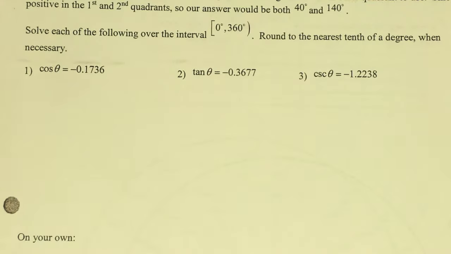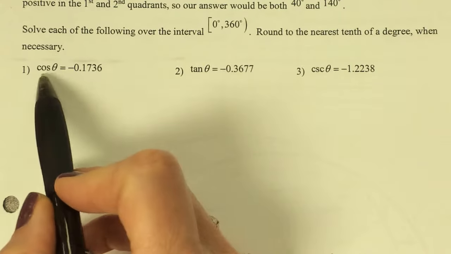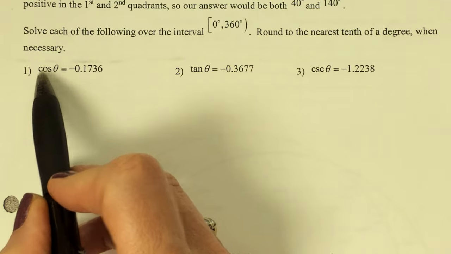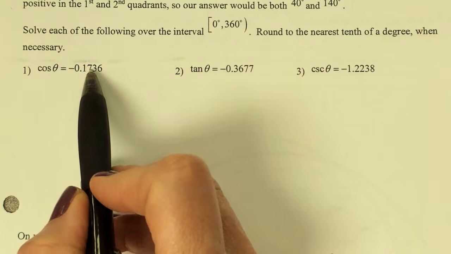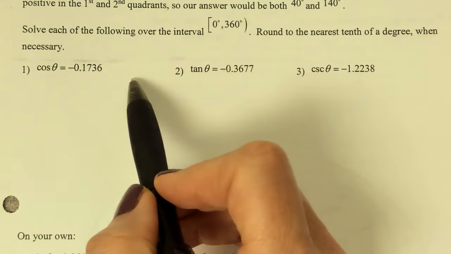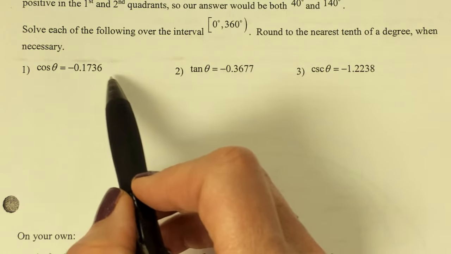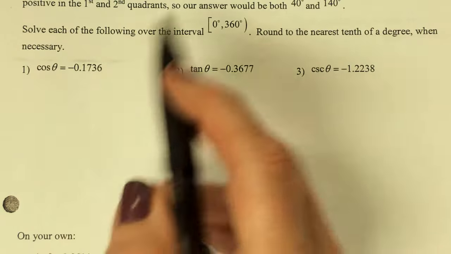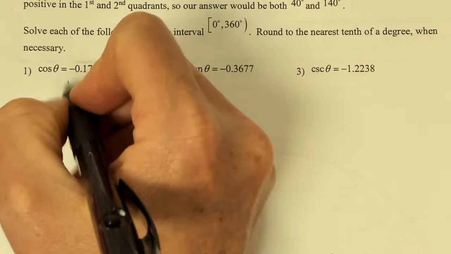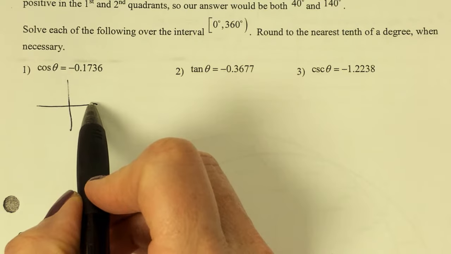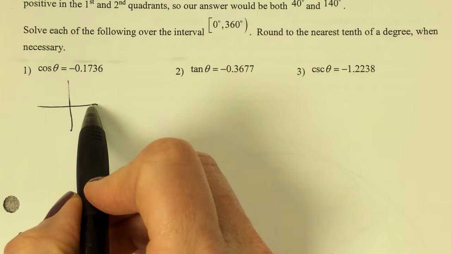All right. So this is saying, what is the angle that has a cosine ratio of negative 0.176? So it's like we're comparing the x and the r. When we divide that x by the r, we should get this answer. Let's just think of the unit circle for a minute. Right here, what's our value for cosine? 1, right?